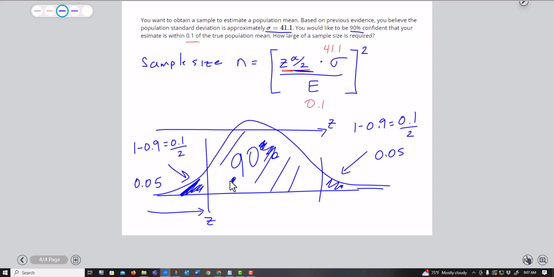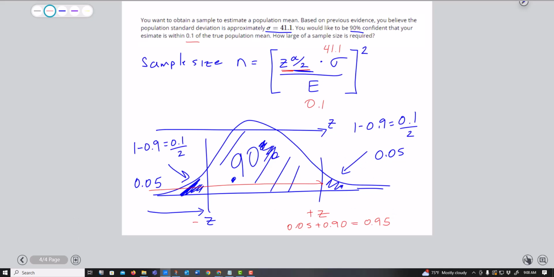So when you look up a Z value, you either could look up 0.05, but that's going to give you a negative value, and you typically want the positive Z value. Well, what would you look up? You actually would look up 0.05 plus 0.90. And this is why you're going to see me look up 0.95, or make a formula with 0.95. So I wanted to make that clear first.